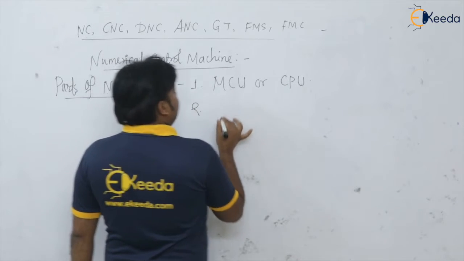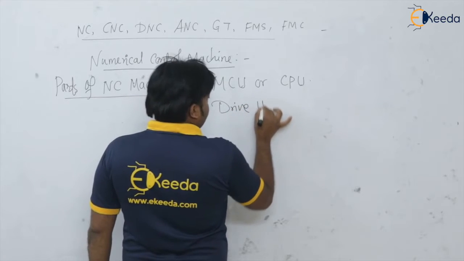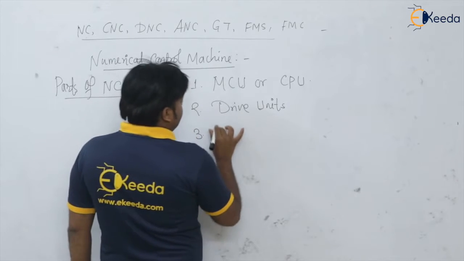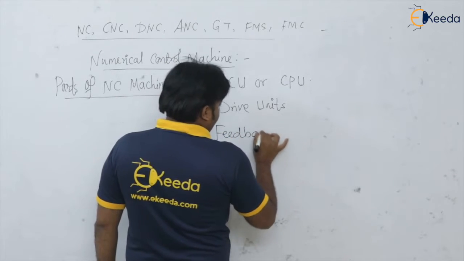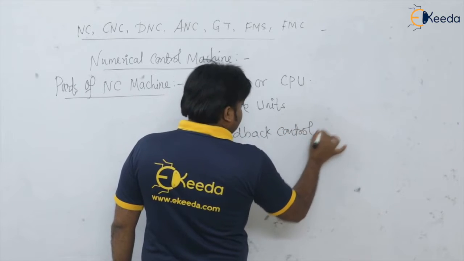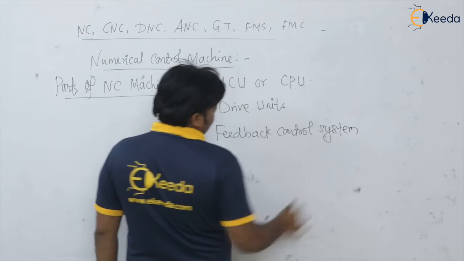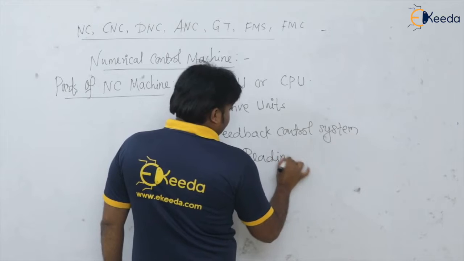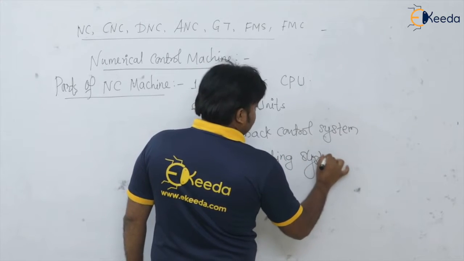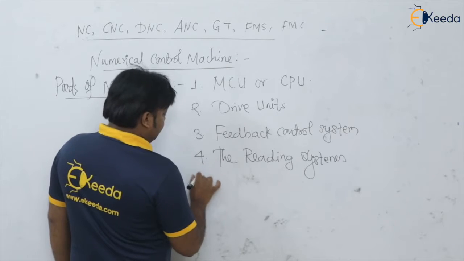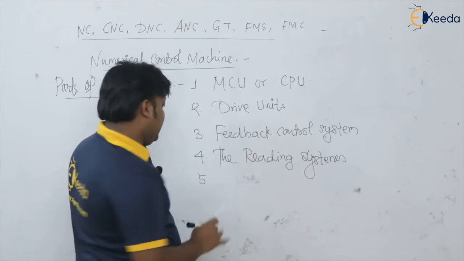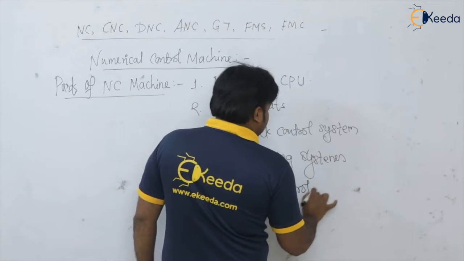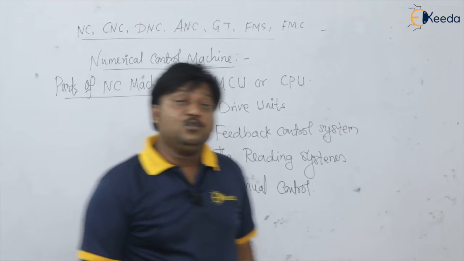Second, we have the drive units. Third, the feedback control system. Fourth, the reading systems. And fifth, if you want to add, you can add the manual control. So these are the parts of a numerical controlled machine.